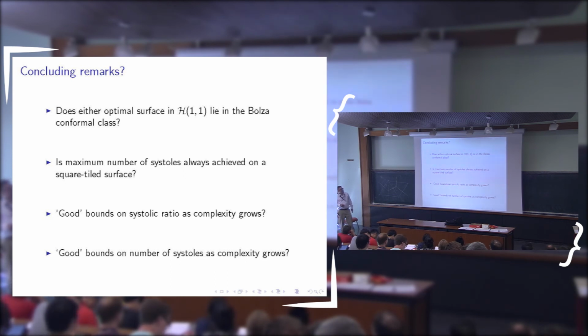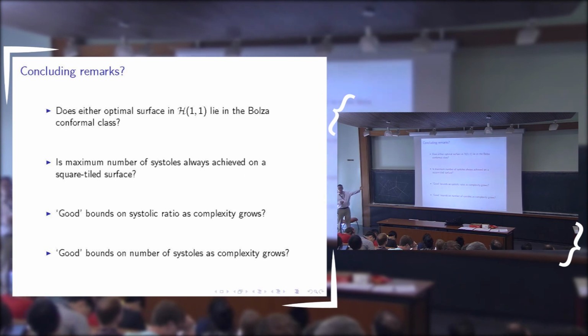Is the maximum number of systoles always achieved on a square-tiled surface? That's another question. I mean, it was true for genus 1, and it's true for genus 2. Is it true for the minimal strata also?